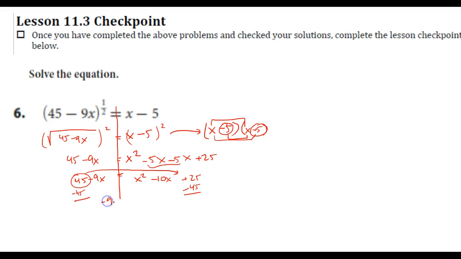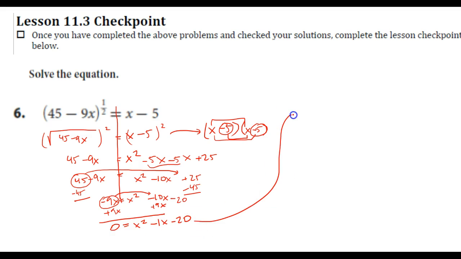And that would be negative 9x equals x to the second power minus 10x minus 20. What's the opposite of a negative 9? Positive 9. So that would be x to the second power minus 1x minus 20.